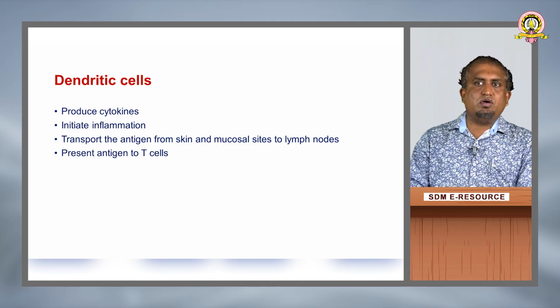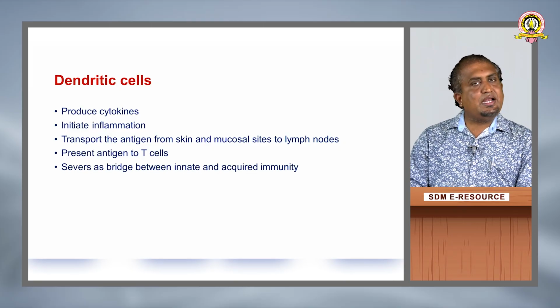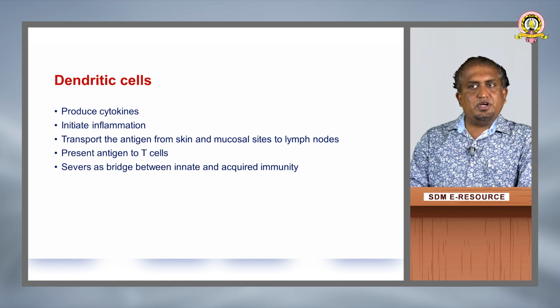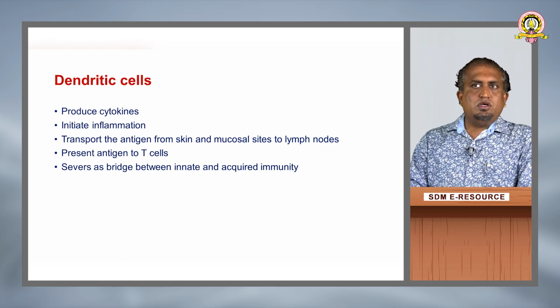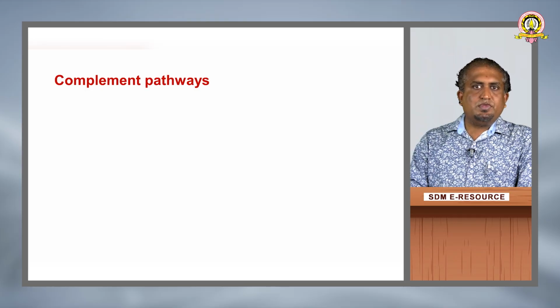Presentation of antigen to the T cells is a very important phenomenon which happens in the body. So, the dendritic cells play a major role in producing the cytokines and in presenting the antigen to the T cells, and these dendritic cells serve as a bridge between innate and acquired immunity.